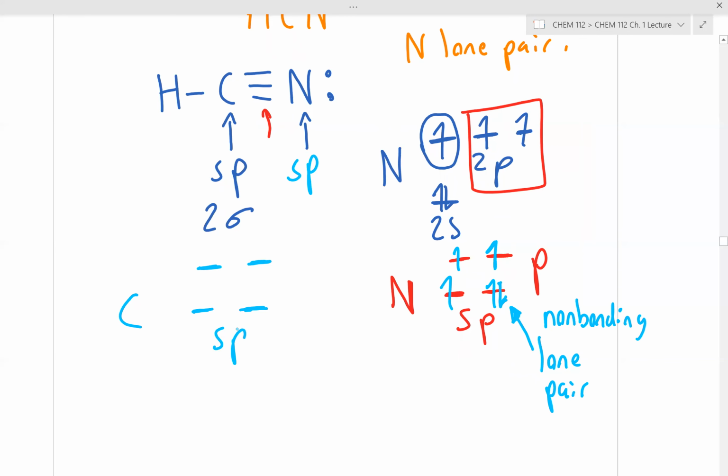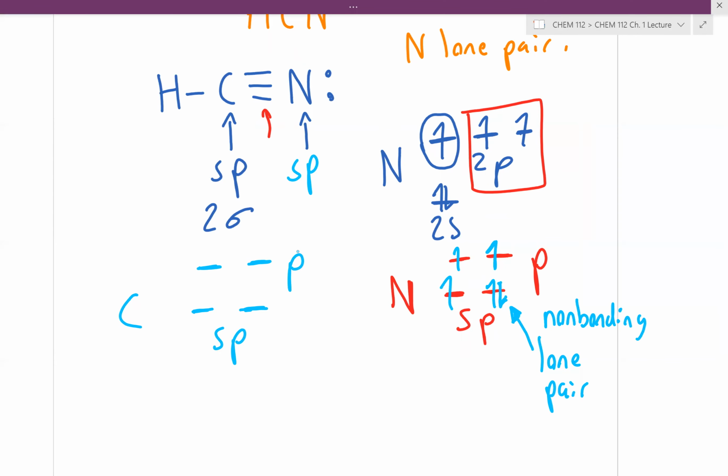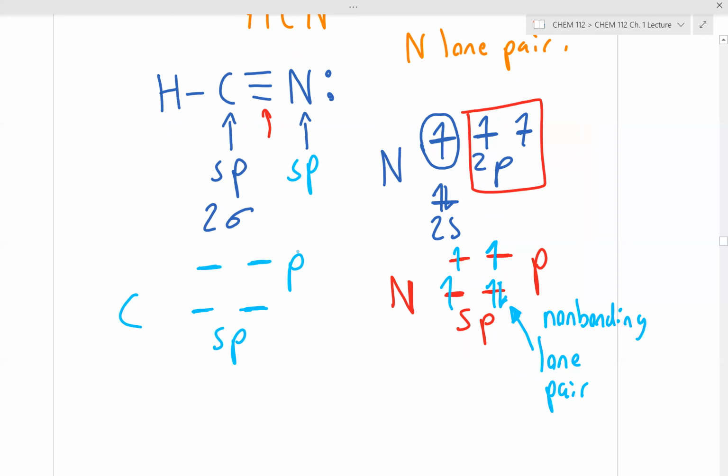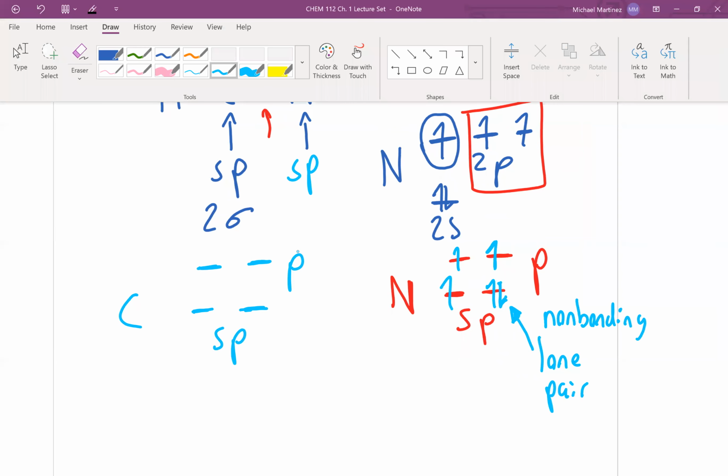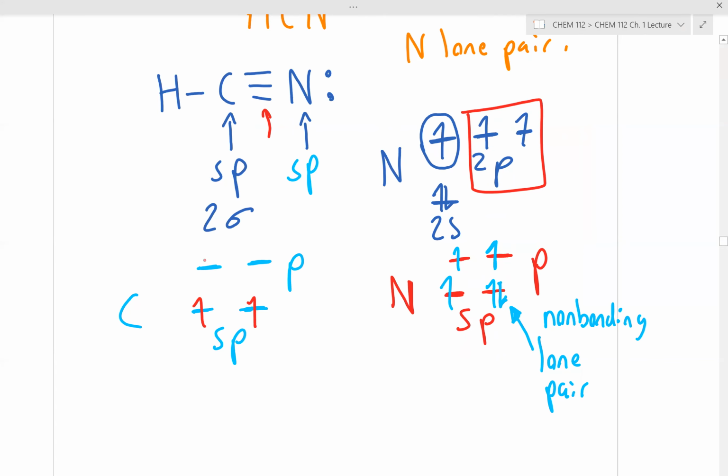So we have our sp hybrid orbitals and our p orbitals. If we fill those orbitals with electrons, carbon only has 4 electrons, so we have 4 half-filled orbitals ready to go for bonding.